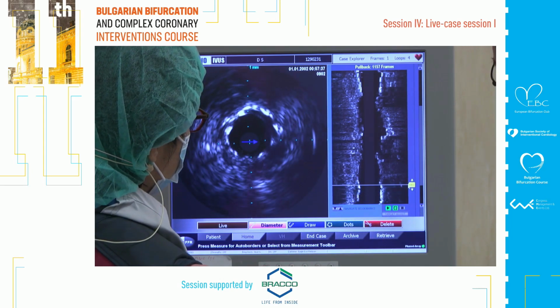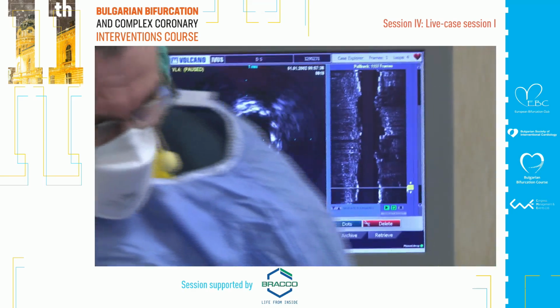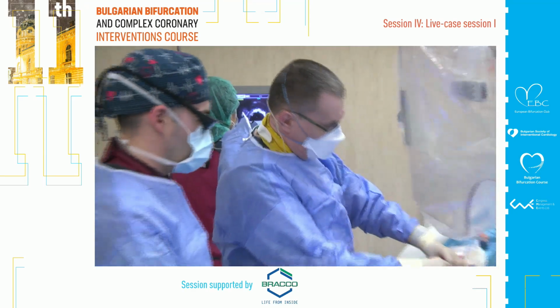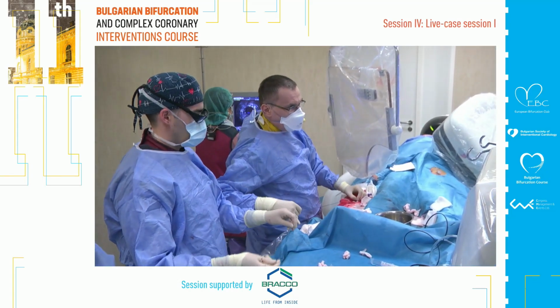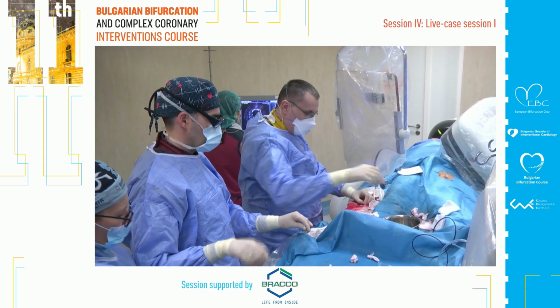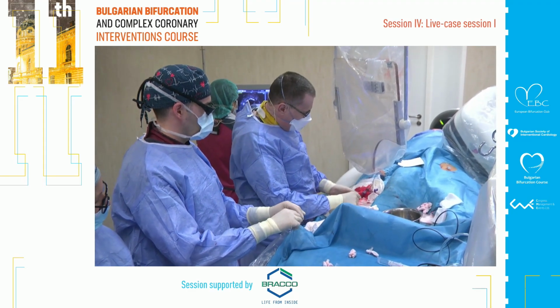Or what do you think? I will place IVUS there and we'll see. No, the circumflex is okay. Can we have from this IVUS an idea of the surface of the ostium of circumflex now? I will place an IVUS into the circumflex.